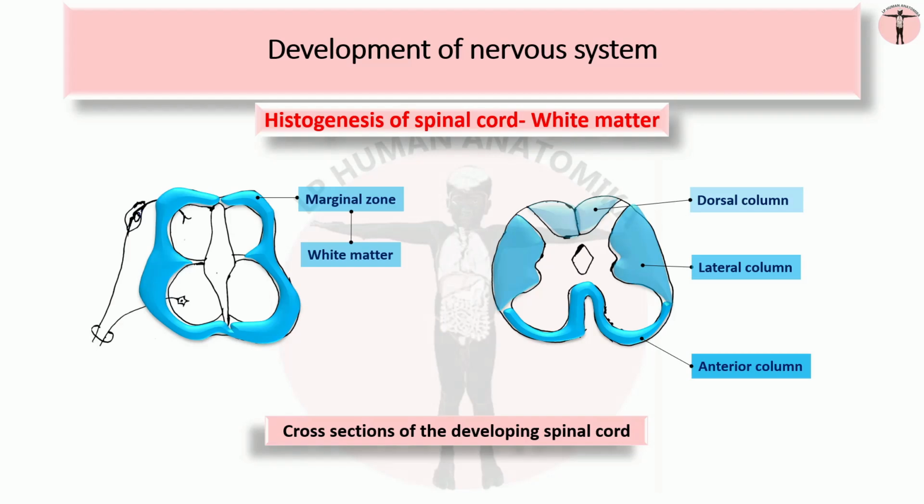The dorsal column consists of purely ascending fibers or sensory fibers. The lateral and ventral columns have both ascending and descending fibers, that is, both sensory and motor fibers.